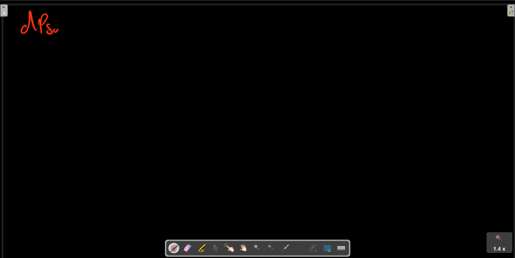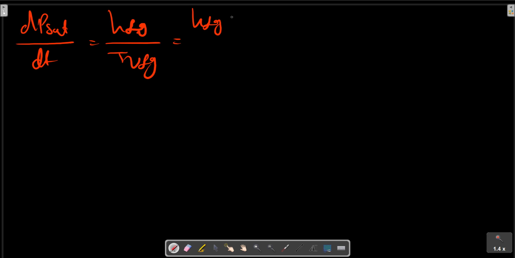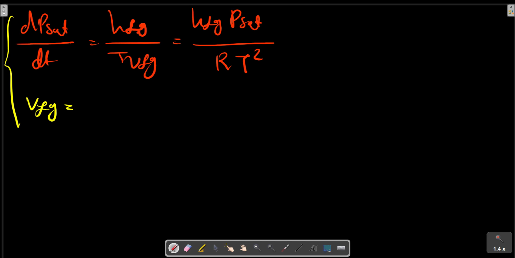So for this case, dP saturate on dT equals hfg on T vfg, which is hfg P saturate on R T squared, since vfg equals R T on P saturate.